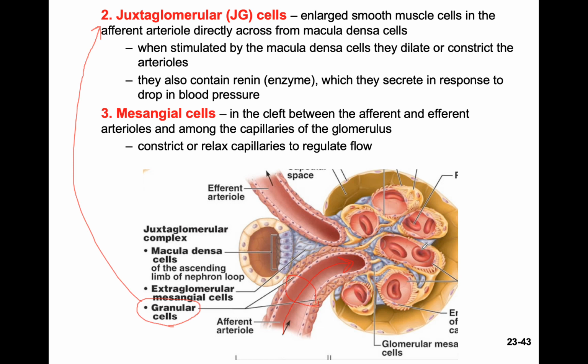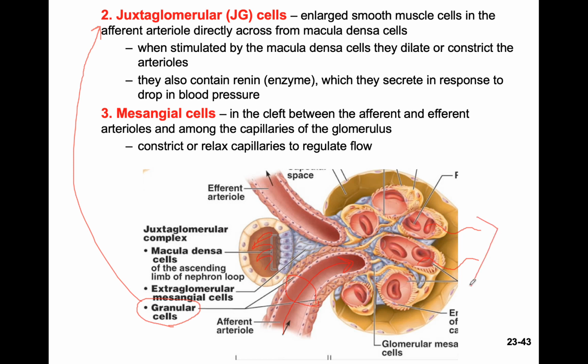And again, the kidneys themselves will sense the concentration of fluid in here. And if this fluid is way too concentrated and it has way too much salt and way too much protein and just much too high calcium, these macula cells say, hey, we're filtering too much out of here.